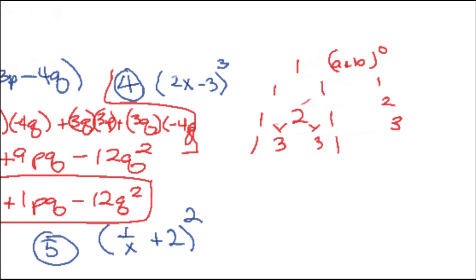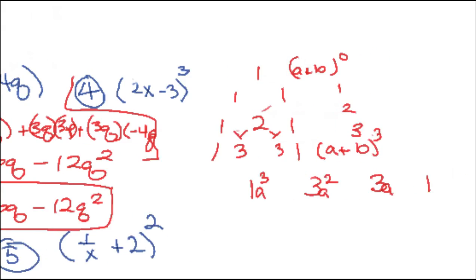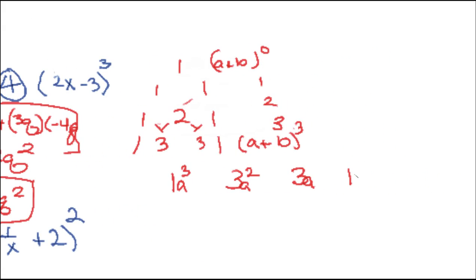Here we are back to the a plus b cubed. And if we were doing Pascal's triangle here, what would happen is we would start out with these coefficients, 1, 3, 3, 1, and then you would put an a to the third power, work your way down until you got no more a's to give, a to the first, and then move that over a little bit, get a little more space in between, and then we have the b's to worry about.